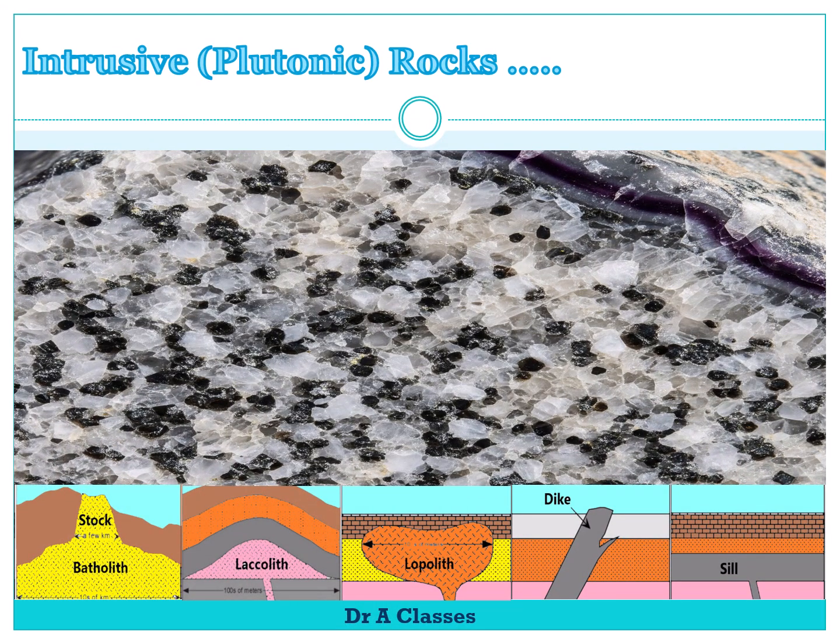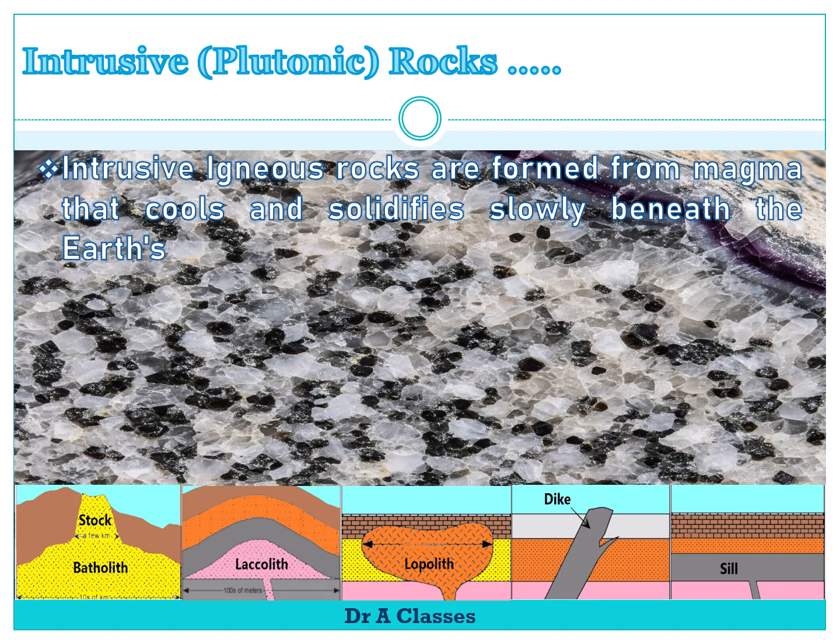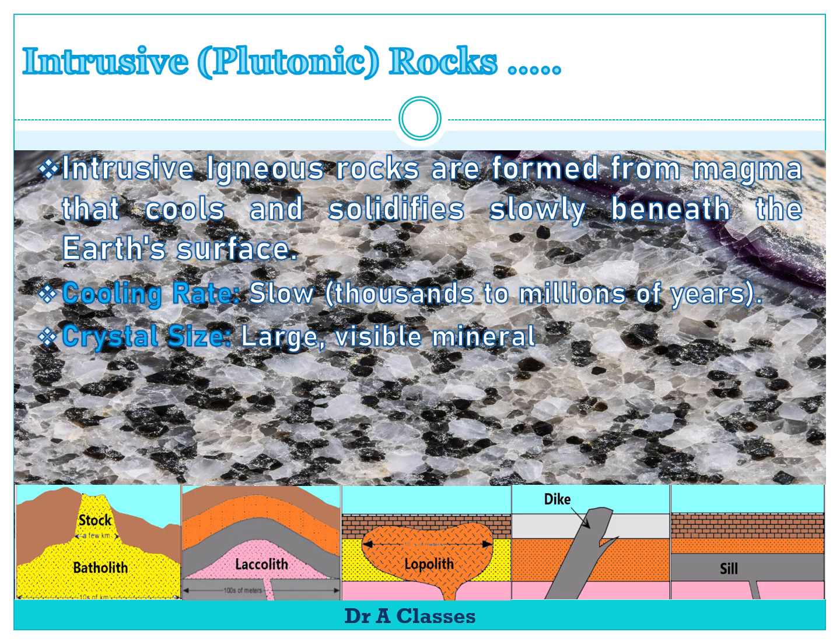Intrusive or plutonic rocks. Intrusive igneous rocks are formed when magma cools and solidifies deep within the Earth's crust. The surrounding solid rock, known as country rock, insulates the magma, causing it to cool slowly over a long period. This slow cooling allows large crystals to grow, resulting in a coarse-grained texture that is visibly crystalline.